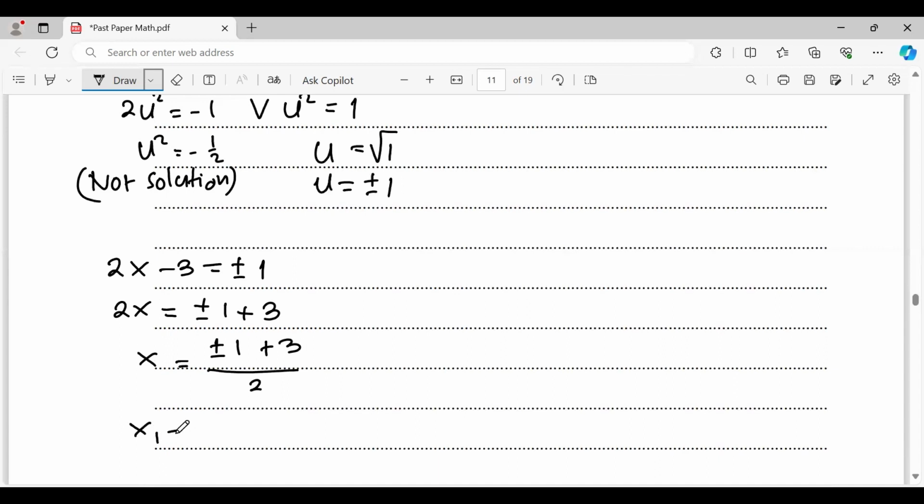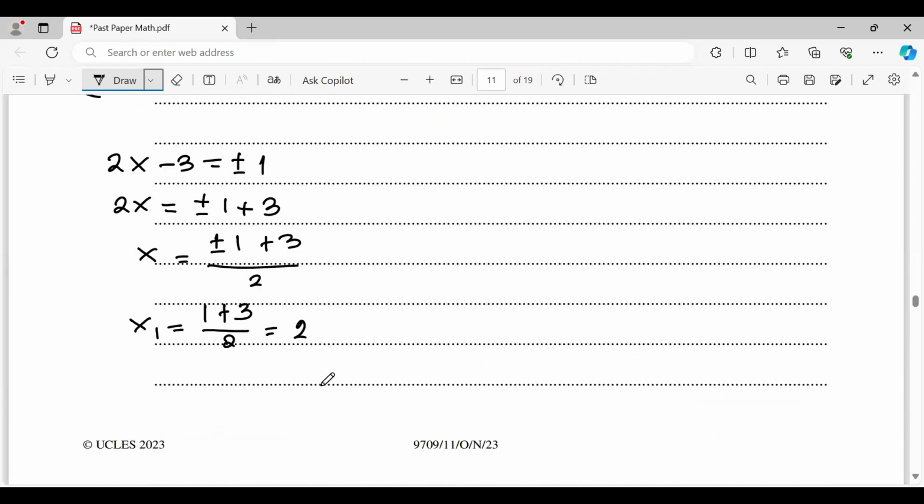So the first x is (1 plus 3) over 2 equals 2. And the second x is (minus 1 plus 3) over 2 equals 1. Right.